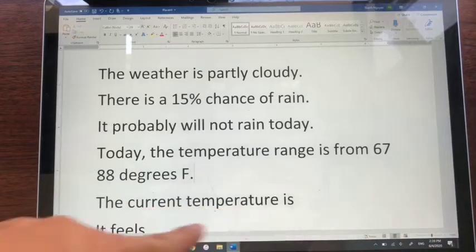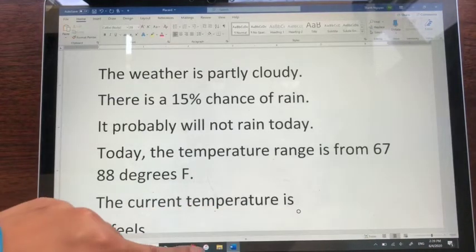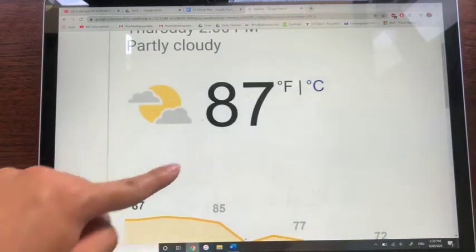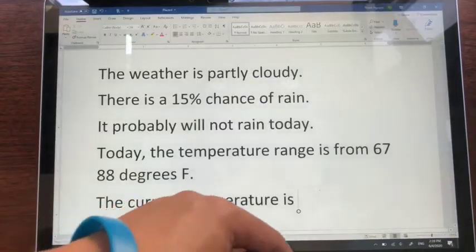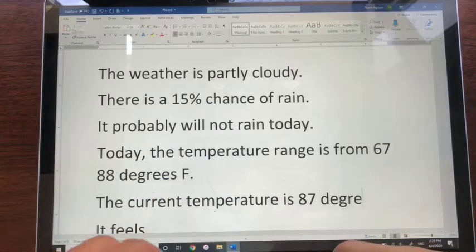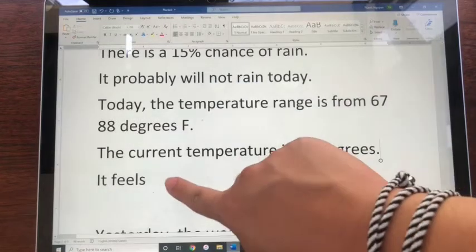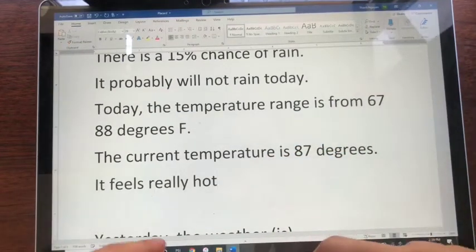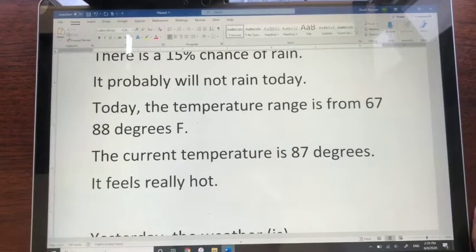The current temperature is 87 degrees. It feels really hot. It's really hot outside.